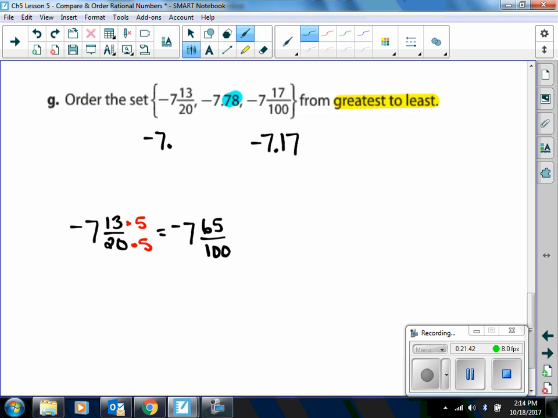Very good. Negative 7.65. So now, all I have to do is compare my decimals, right? So, we're going from greatest to least. Don't forget that when we're going from greatest to least, with all negatives, the bigger the number, the smaller the value, right?